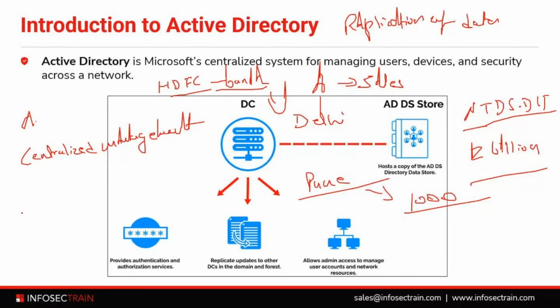Then it provides you high availability. When we are talking about high availability, it is important for any business-critical system in an organization, and this is applicable to every single device, or you can say critical systems also.